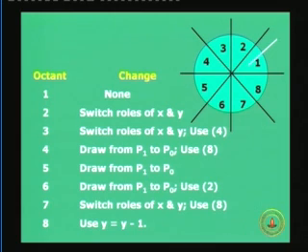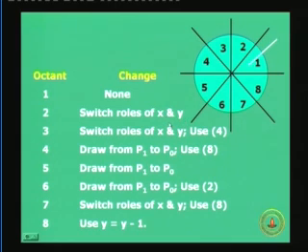You remember we have solved the problem in octant number 1 where this line is drawn. What about octant number 2? Octant number 2 tells you that the line has a slope more than 1. If the line has a slope more than 1, the change you need to put in is to switch roles of x and y. That means the x coordinates should be considered as y coordinates now, and vice versa.